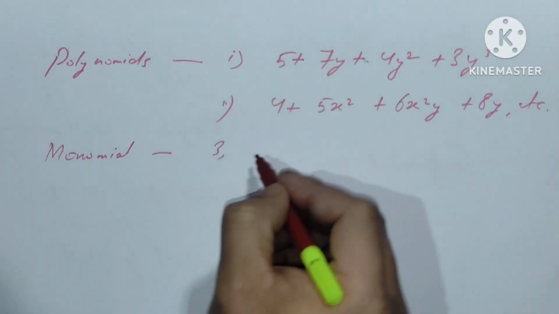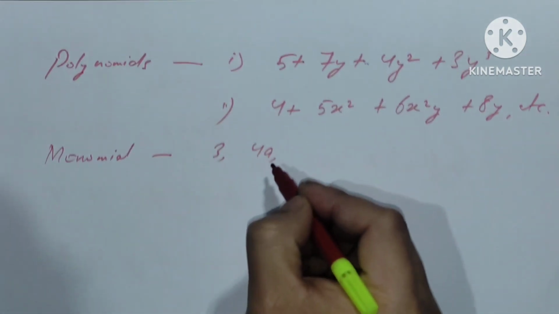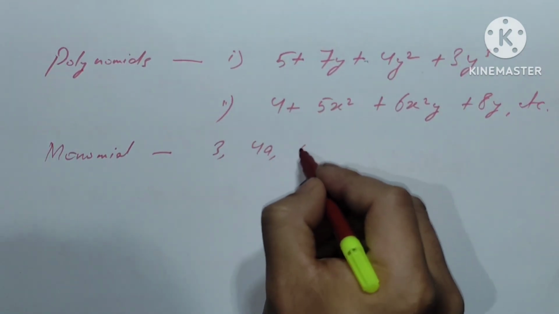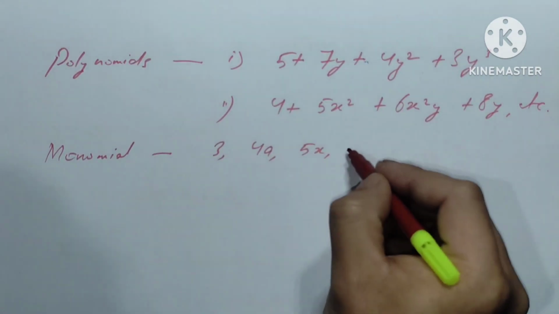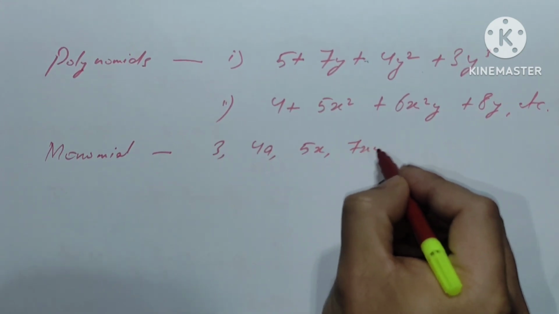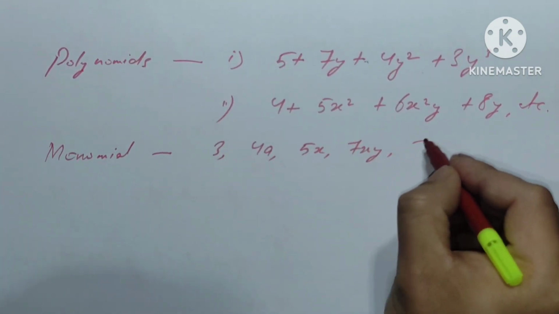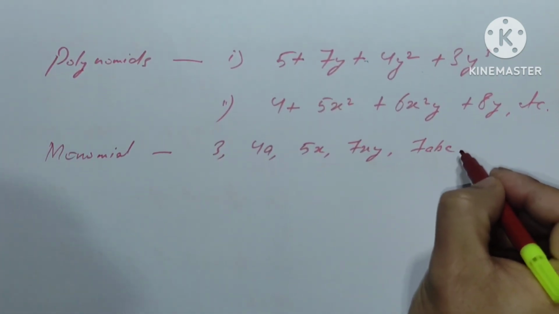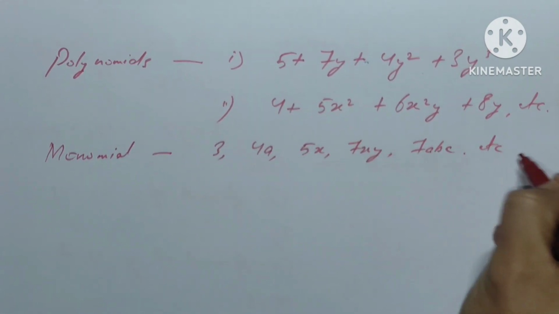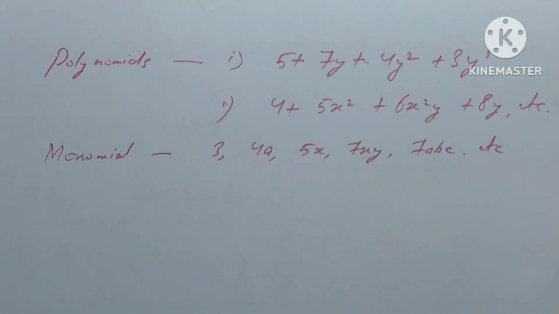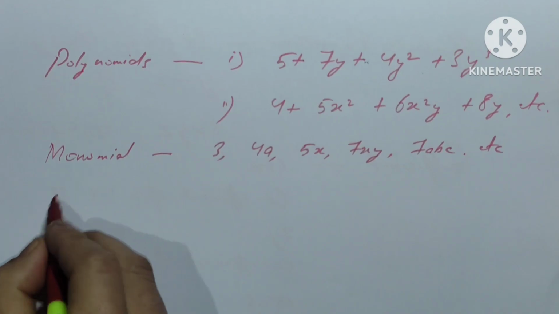Single terms means like 3, it's a constant number, and 4 a constant as well as a variable, 5x, 7xy multiple variables, 7abc, etc. These all are called monomials with a single term.